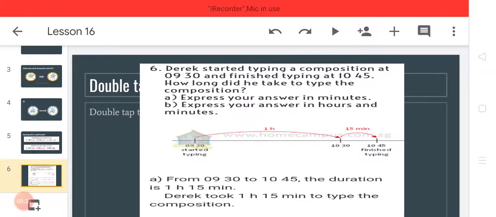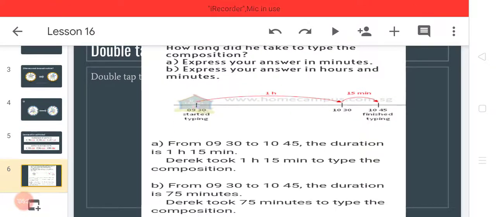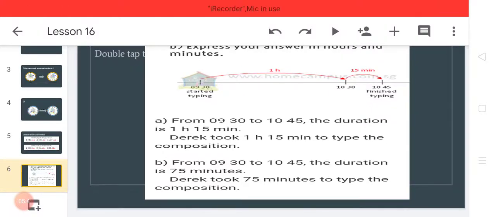For part A, we will write the answer this way: from 9:30 to 10:45 the duration is 1 hour and 15 minutes. Derek took 1 hour and 15 minutes to type the composition. In part B, from 9:30 to 10:45 the duration is 75 minutes. 1 hour is equal to 60, 60 plus 15, the answer is 75. We can say that Derek took 75 minutes to type this composition.